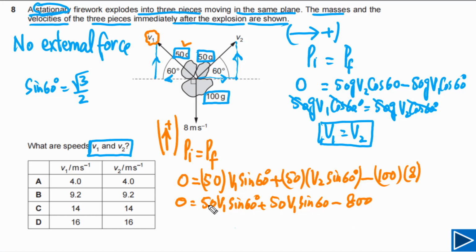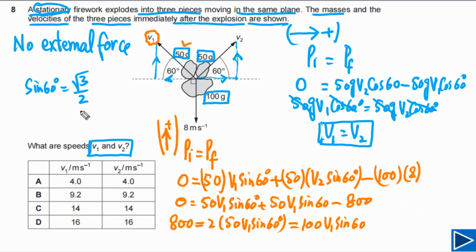Now you can see this is 50 V1 sine 60 and 50 V1 sine 60. We can take this 800 to the other side, so it will be positive. So we can say 2 times 50 V1 sine of 60 degrees, which is equal to 100 V1 sine of 60 degrees.